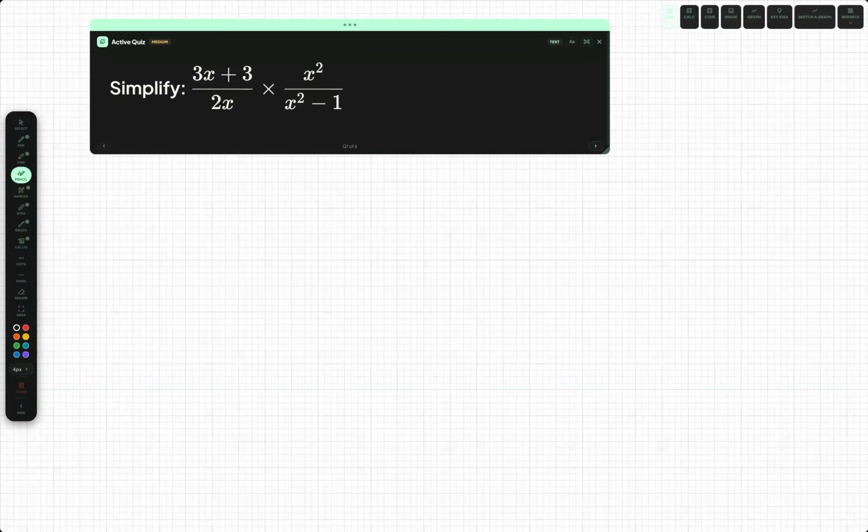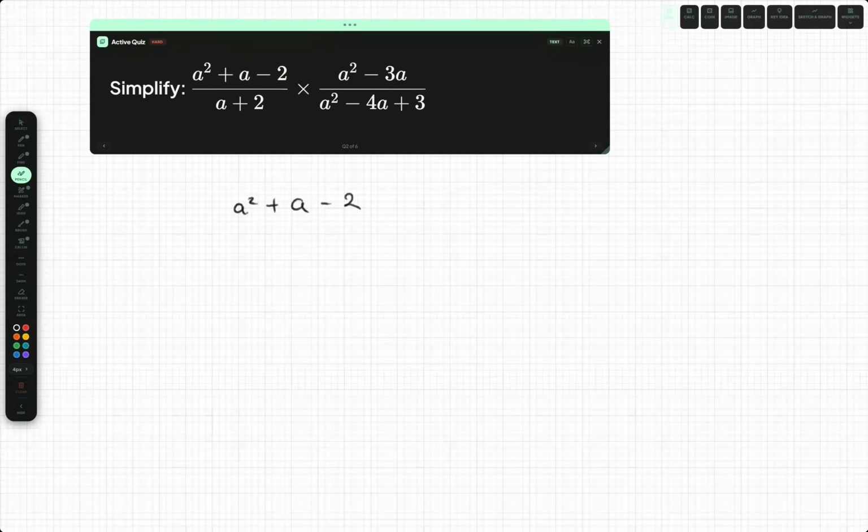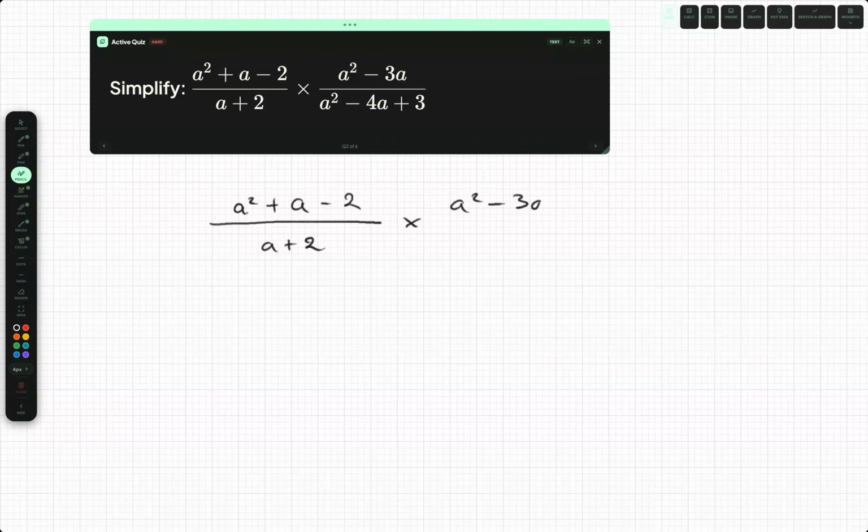All right, next one here, we have a squared plus a minus 2 all over a plus 2 times a squared minus 3a all over a squared minus 4a plus 3.